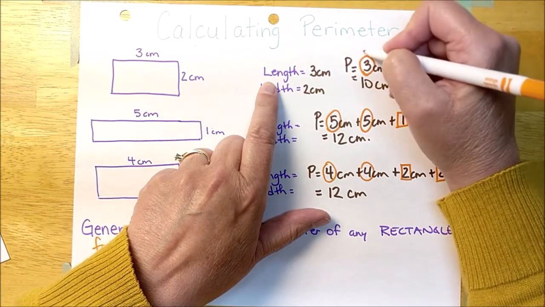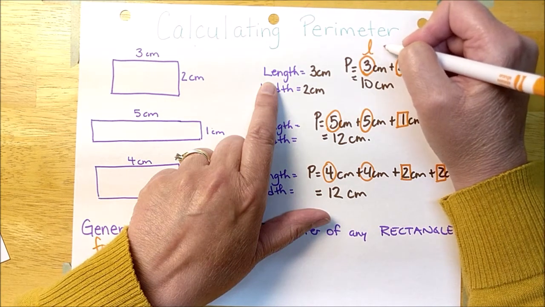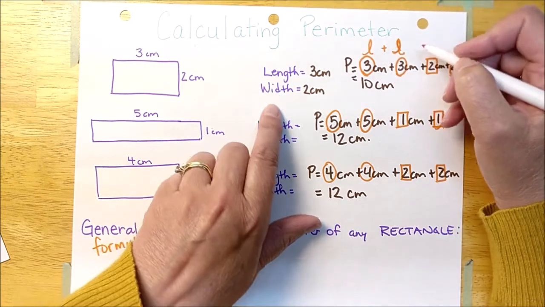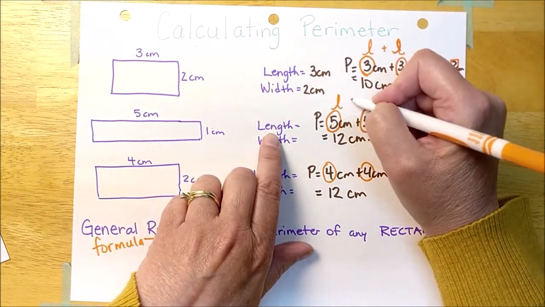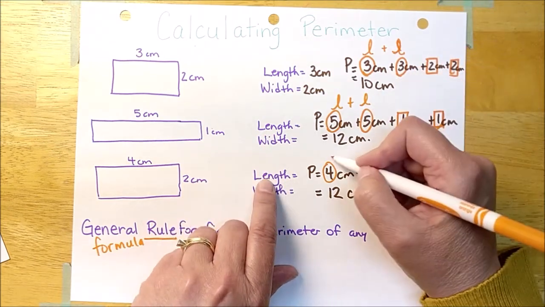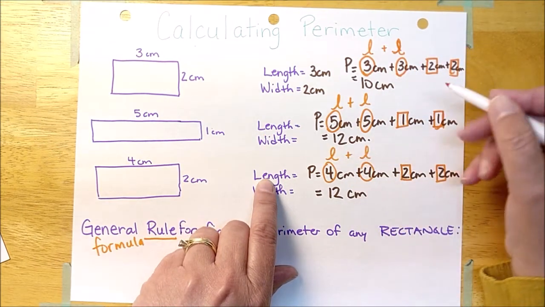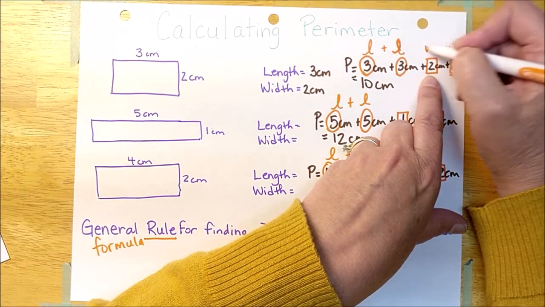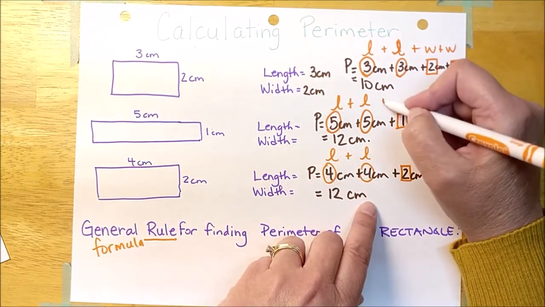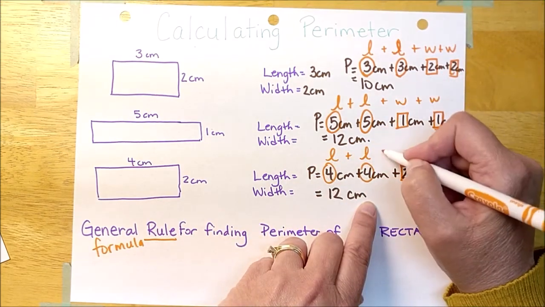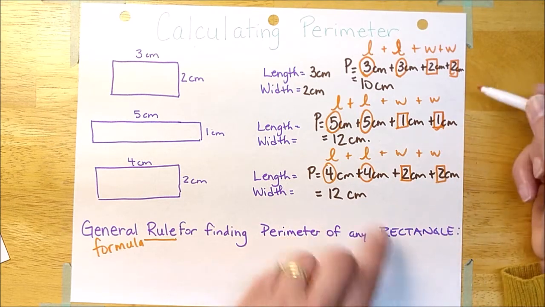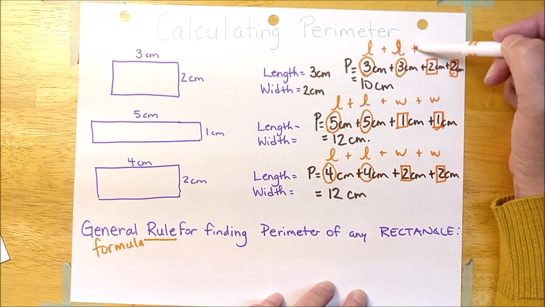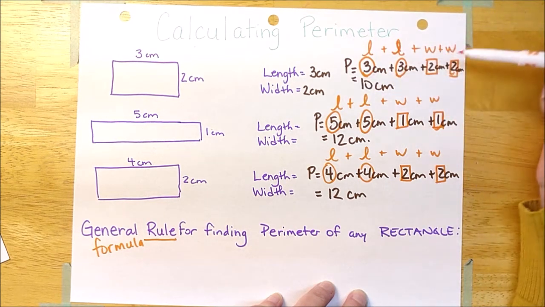So instead of putting numbers there, I could say length plus length, and here length plus length. And these two numbers represented my width, so I could say W and W. And here, these are W and W. So in order to figure this out, I could say length plus width will equal my perimeter.